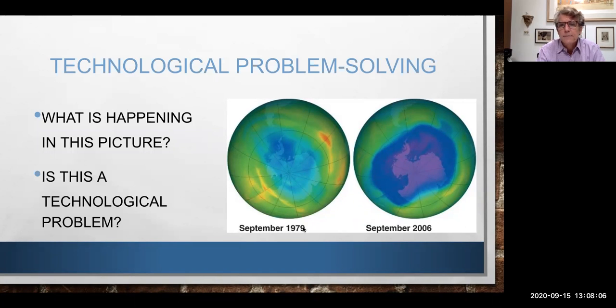In 1979, the world's atmosphere is relatively green and okay. By 2006, there doesn't seem to be a lot of atmosphere here. It's very clear compared to 79. What's going on there? What caused that? Does anyone remember?